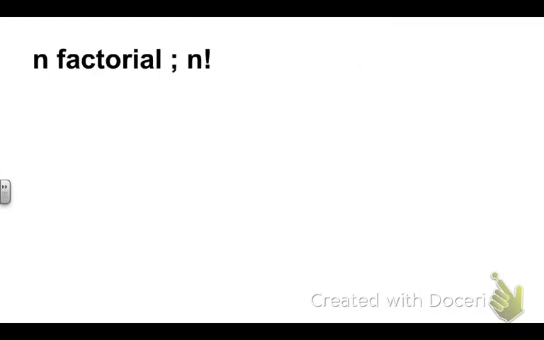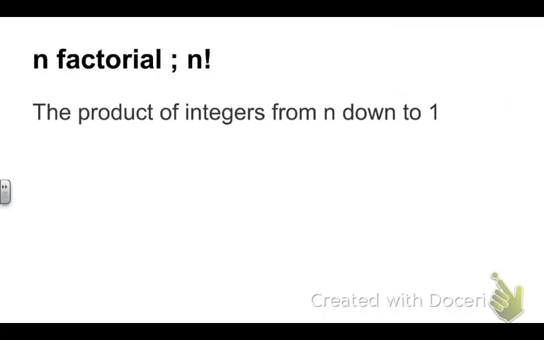Now, the n factorial, or what you see, the n with the exclamation point, this has to do with permutations and combinations. What that factorial means, it's the product, so you're multiplying integers from n, whatever that number is, all the way down to 1. So, for example, if I have 5 factorial, what that actually means is 5 times 4 times 3 times 2 times 1.